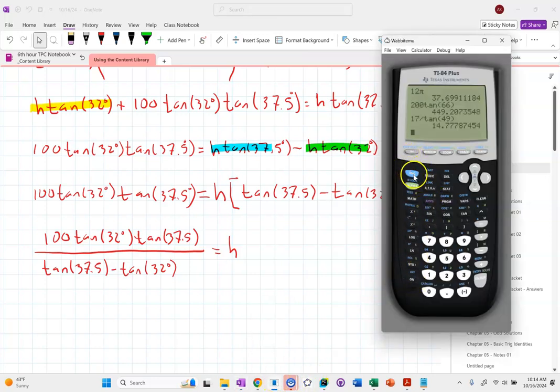So into my calculator. Here I'm definitely using that horizontal fraction bar because, boy, that's going to be a nightmare to get in my calculator without it.